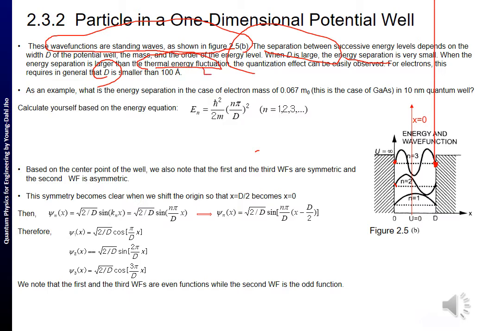Thermal energy, as I said before, is on the order of 26 milli electron volts, for example, equal to k_B T. Here k_B is the Boltzmann constant, and T is room temperature.